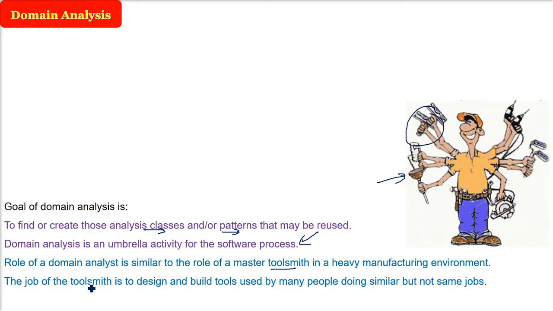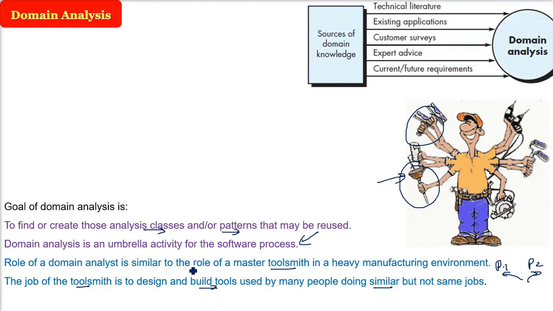Now the job of the toolsmith is what? He will design and build tools and give them to people who are doing a similar kind of job but not the same job. That is, they are in different projects and doing similar work. So he will make the tool once and give one to one project team, one to another project team. This is the domain analysis.